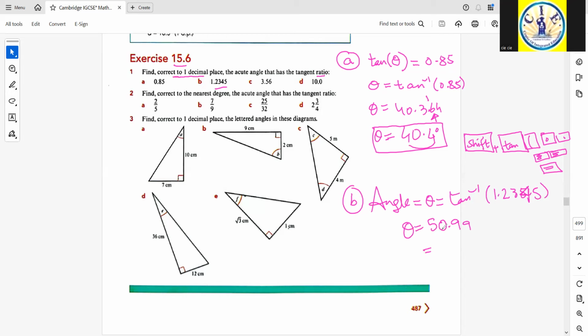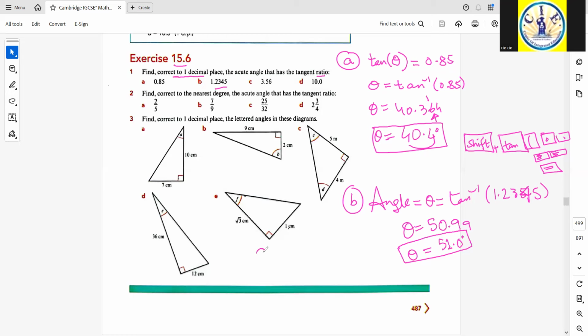So that will be equal to actually 51.0 degrees, since we need to give the answer up to one decimal place. So the answer is 51.0.